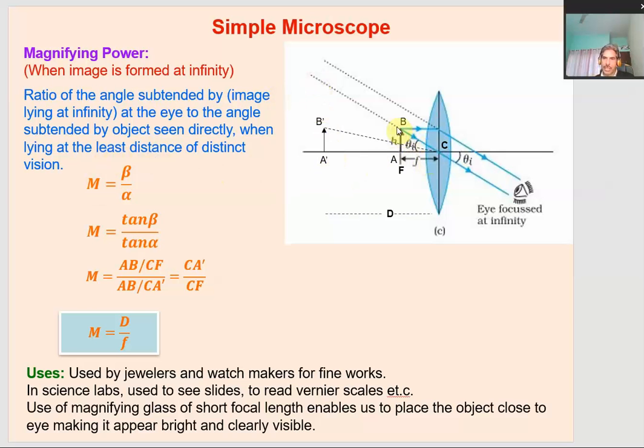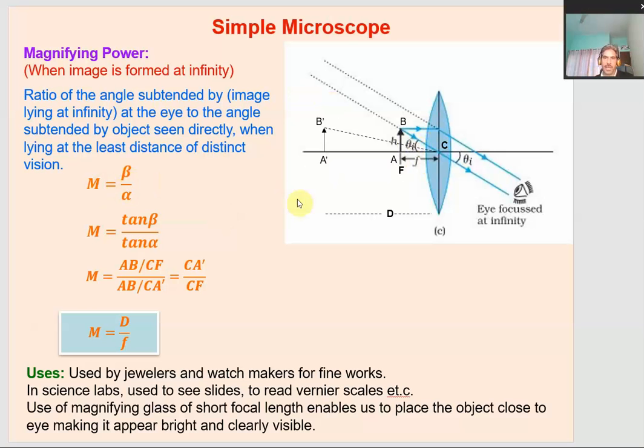Here this angle is beta, and this angle is alpha, when the final image is formed at infinity. So this magnification, or magnifying power, or angular magnification, is written as beta, the angle made by the image lying at infinity, to alpha, the angle made by the object which lies at the least distance of distinct vision.